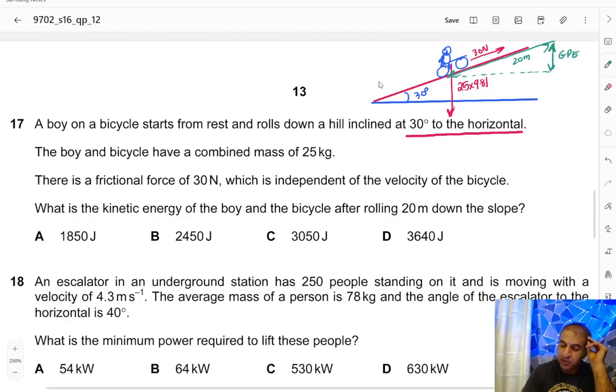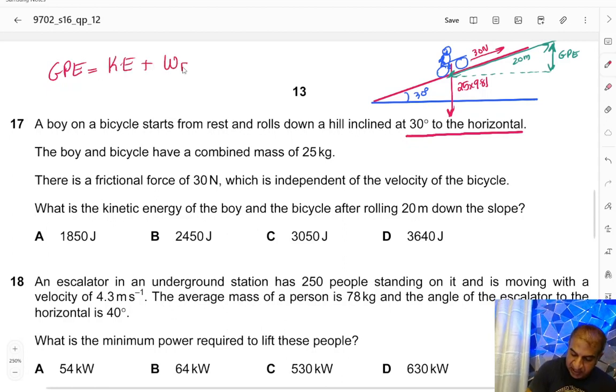Additionally, it is simply rolling down the hill, so no effort is being done by the bicyclist. So that means the GPE is actually converting into kinetic energy as well as the work done against friction. So we can write this down. So GPE, the gravitational potential energy, is actually converting to kinetic energy plus the work done against the frictional forces.